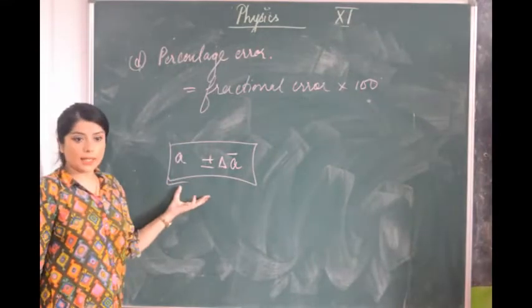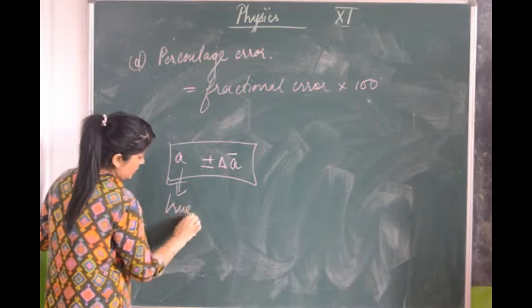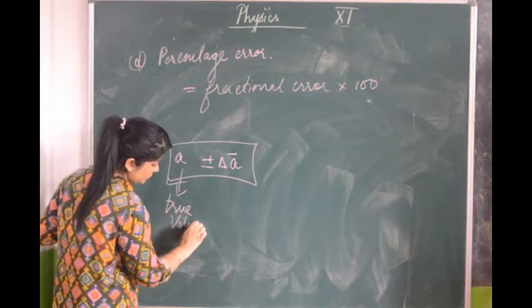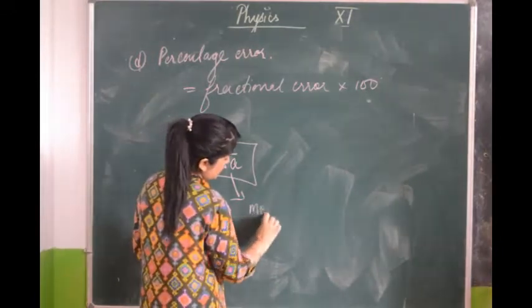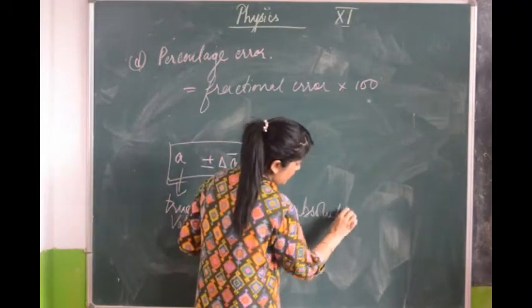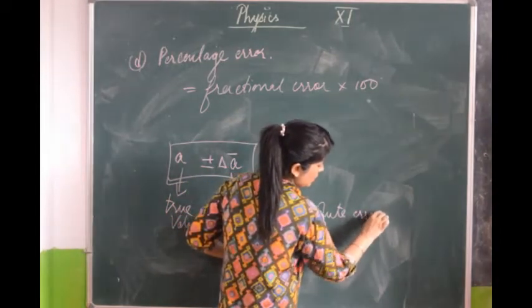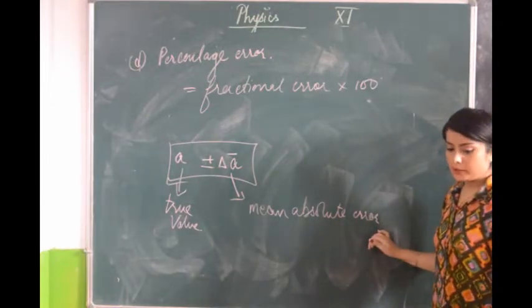This is how we write it at the end. This A is the true value, and this is the mean absolute error. Okay, this is how we write the answer ultimately.